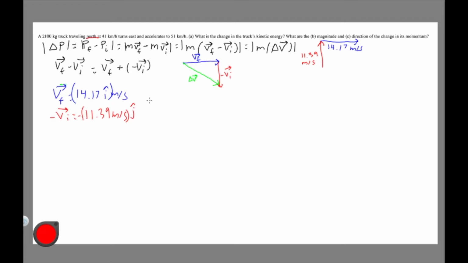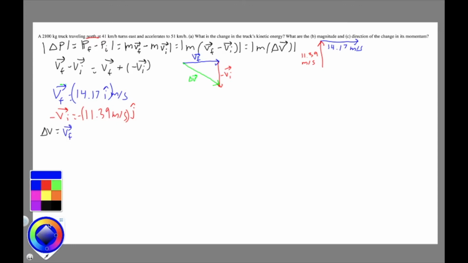Now we can just add these two vectors up. So we know that delta V is equal to VF minus VI. And let's add a vector on top of this. Okay, perfect.